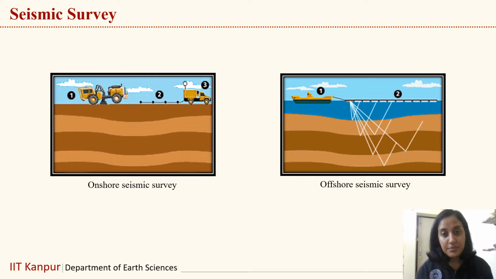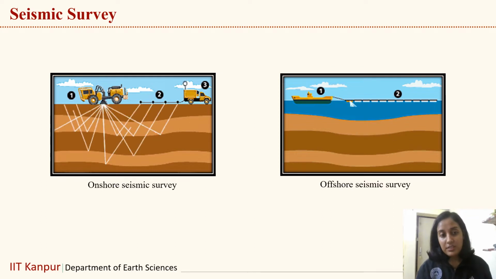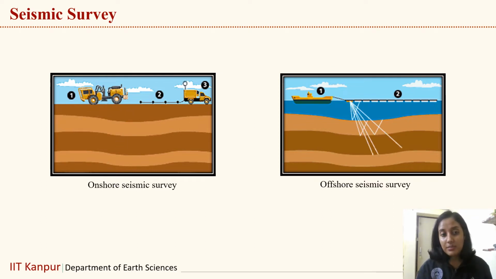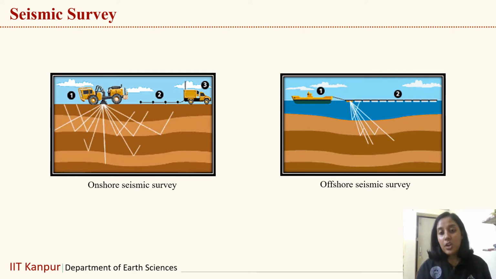From this picture, I think it's very clear that in an onshore seismic survey, we acquire the seismic data on land. However, for the offshore survey, we acquire the data in the oceans.